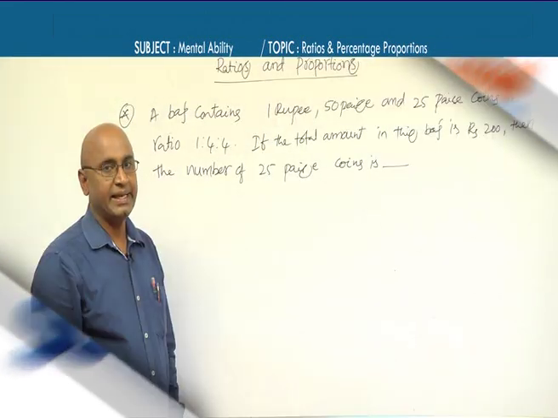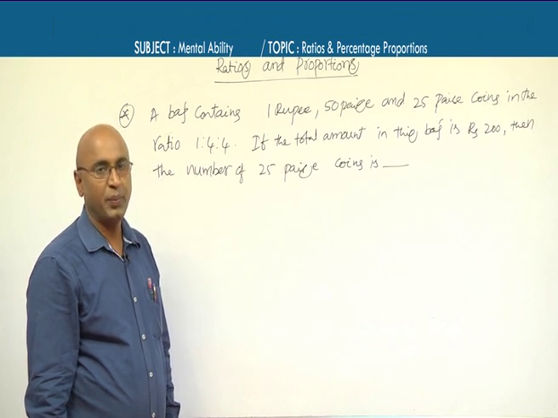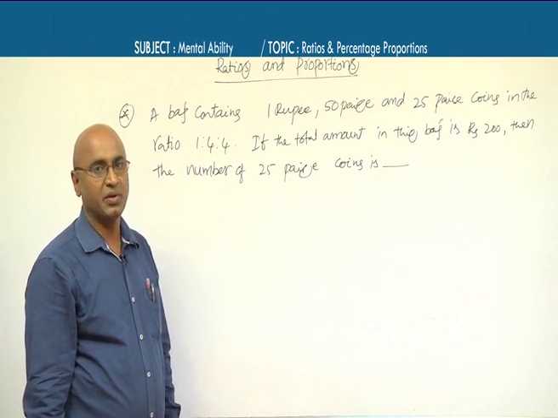A bag contains 3 types of coins: 1 rupee coins, 50 paise coins and 25 paise coins.